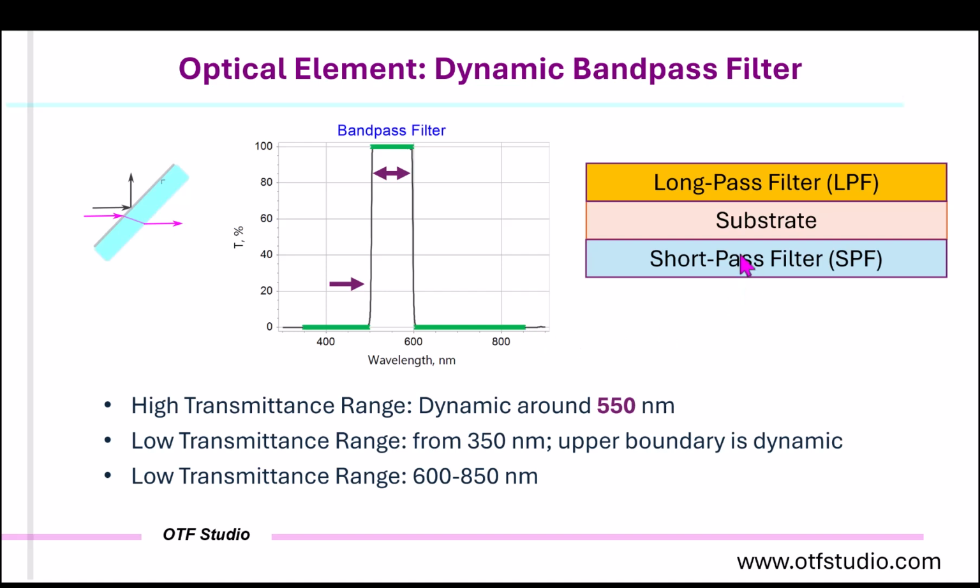I will design two filters, a Longpass filter for the front side of the substrate and a Shortpass filter for the back side of the substrate. The transmittance of this entire optical element will give the desired performance. So it will be a dynamic bandpass filter. Let's start.